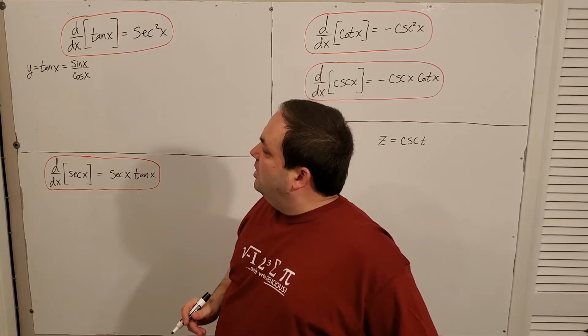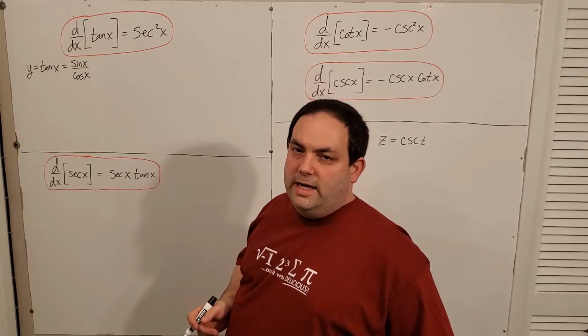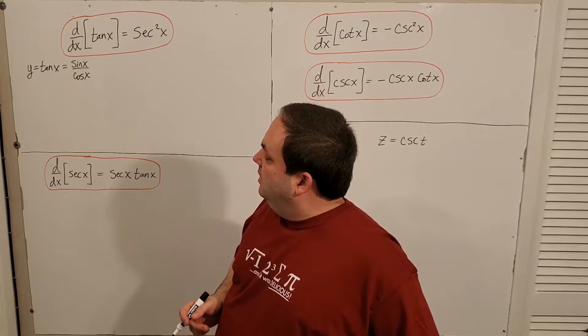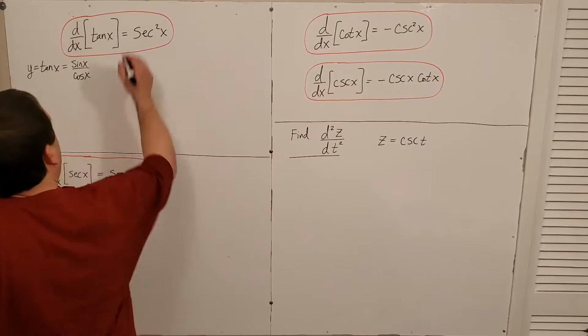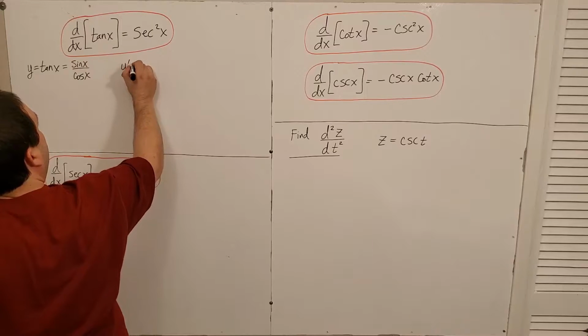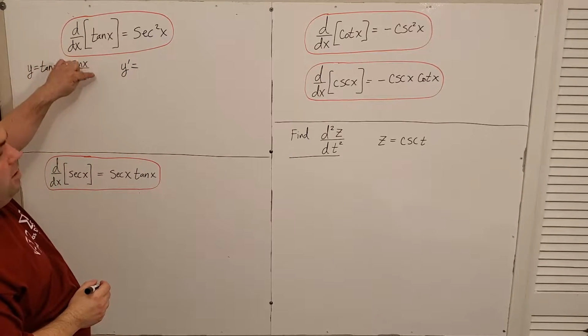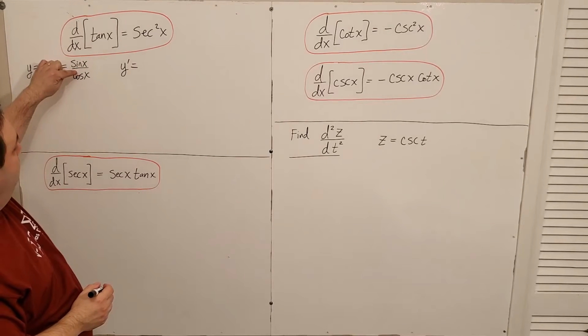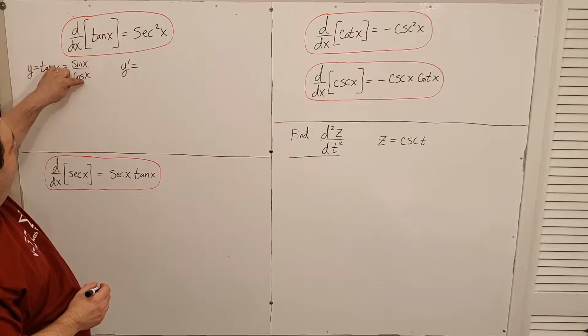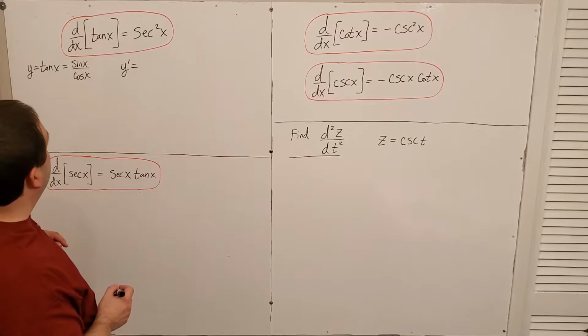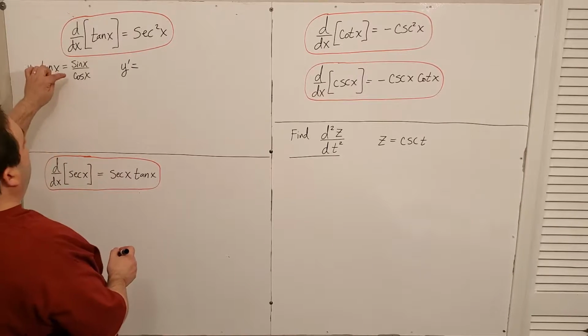Sine x over cosine x is one of those trig identities. So then my derivative, y prime, would be something I'm taking the derivative of here, but it's a quotient rule. But that's okay. At least it's familiar with sine and cosine. So let's do quotient rule.